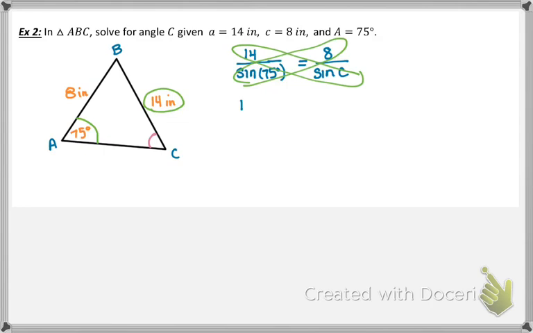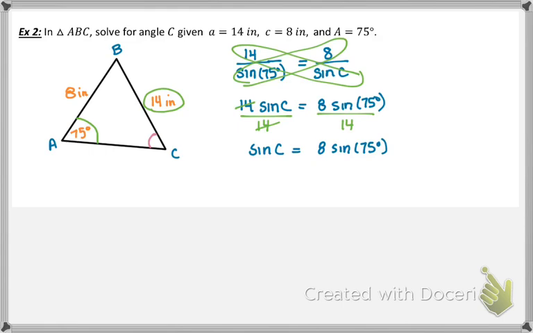So we have 14 times the sine of C is equal to 8 times the sine of 75 degrees. Okay, and then to solve for angle C, we're going to start by dividing both sides by 14. And we've got the sine of angle C is equal to 8 times the sine of 75, make sure you close your parentheses, and then all over 14.